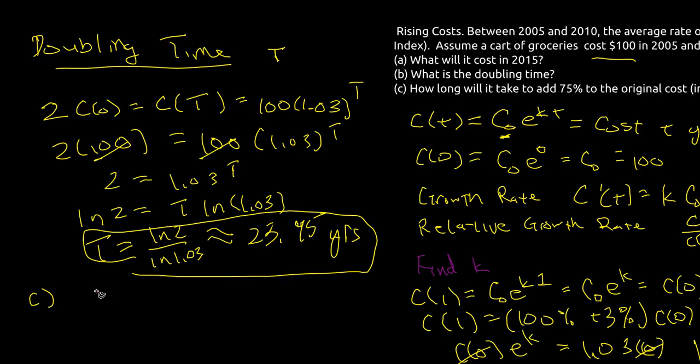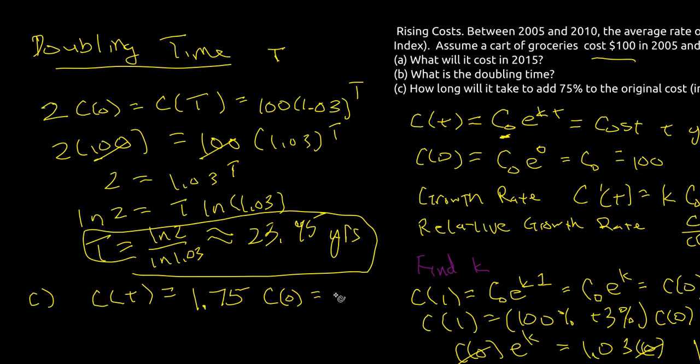So we want to solve for the time t when the cost has added 75% to the original cost. Well, that's the same as multiplying the original cost by 1.75.